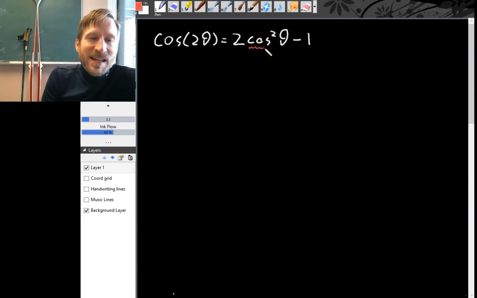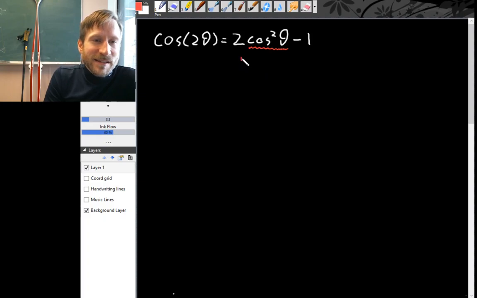Sometimes, in some contexts, which really means in calculus class, you have a cosine squared and you'd really rather have a 2 inside of your cosine. In other words, we'd like to replace a cosine squared with something that has cosine 2 theta in it. And we can do that if we just take this double angle identity and solve it for cosine squared.